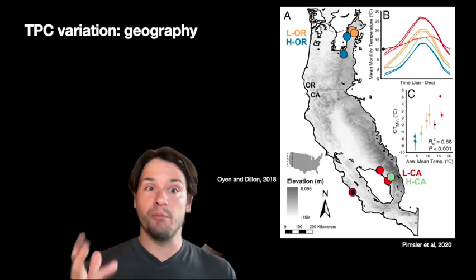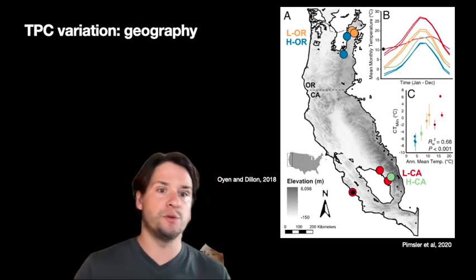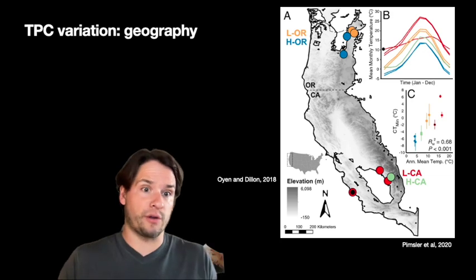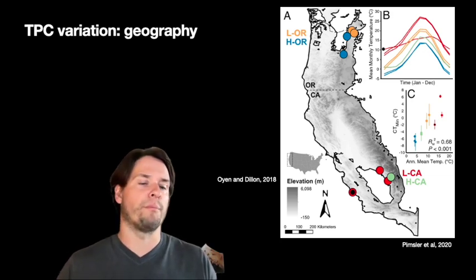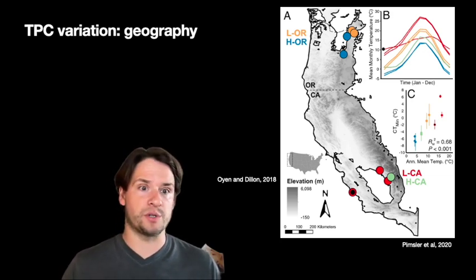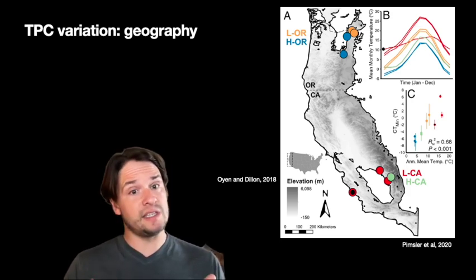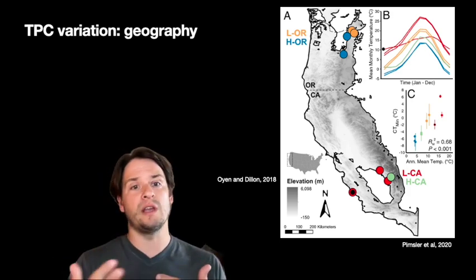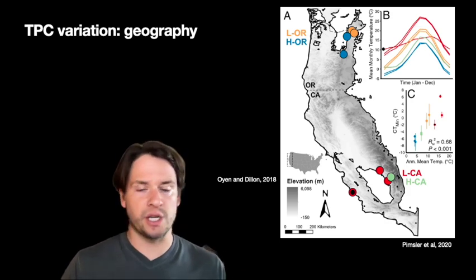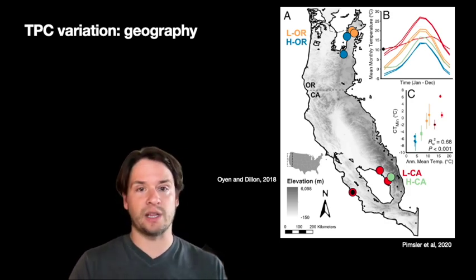And conversely, more northern and higher altitude populations have a lower critical thermal minimum, and so are better able to cope with low temperatures. And even within a species, showing that there's some degree of local adaptation potentially to different climatic conditions.